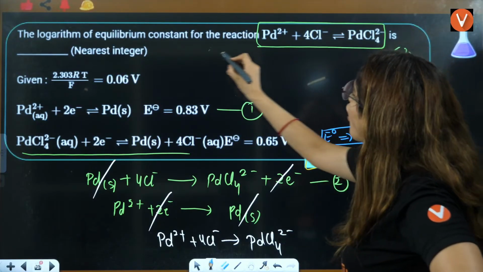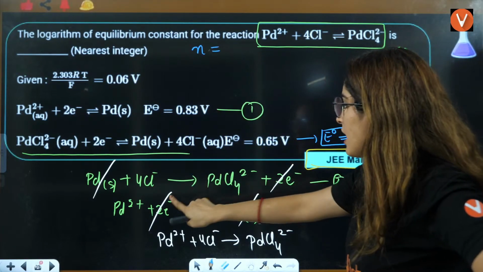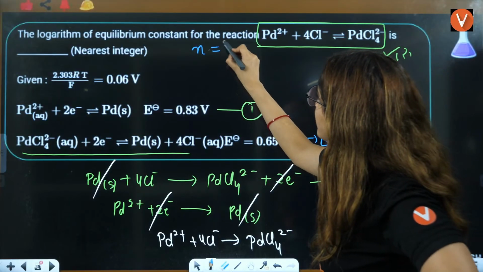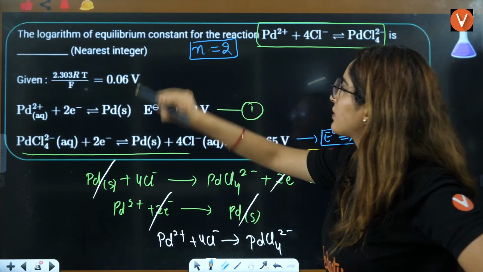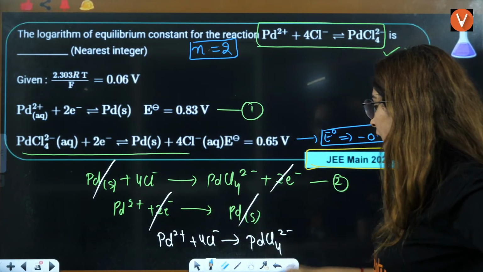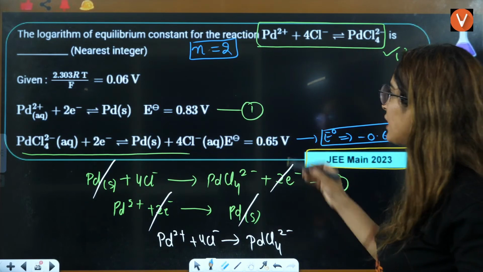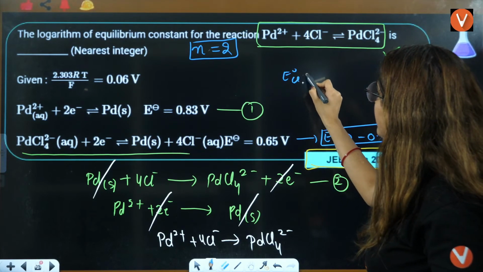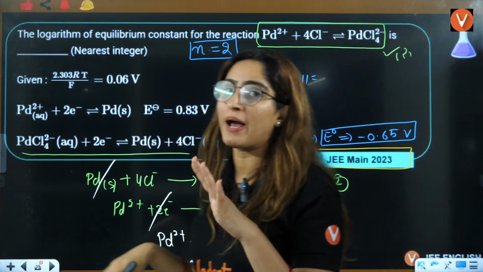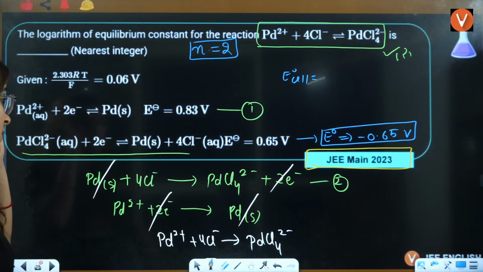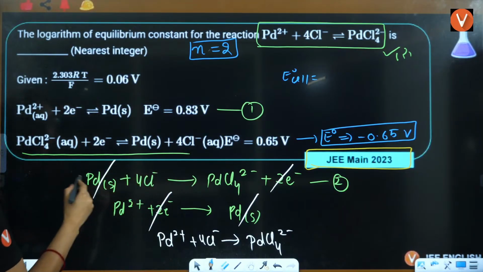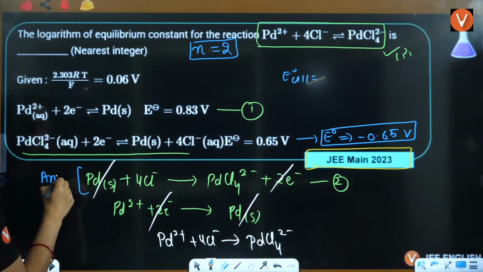Firstly, tell me, what is the value of n here? The number of electrons was 2, so n is equal to 2. Now, what is the value of E naught cell here? That is E naught cathode minus anode. Which is behaving as cathode? This part is behaving as anode.